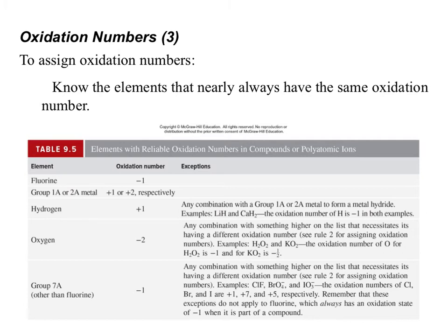At this point, hydrogen becomes -1. Oxygen is always -2 unless it is combined with something higher up on this list that requires it to have a different oxidation state. And finally, the other group 7 atoms, chlorine, bromine, and iodine, will always be -1 unless combined with something above on this list that requires it to be a different oxidation number.